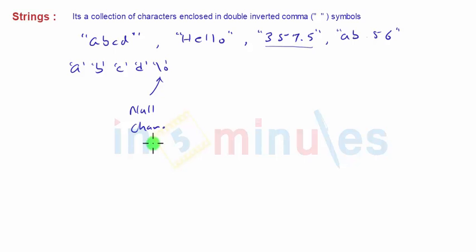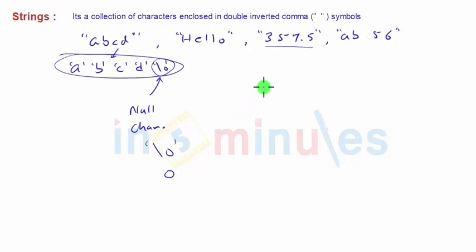It is the \0 character, like we have \n as a new line character or \t as a tab character. We have \0 as a null character, that is no data, no output, no character, but it has an ASCII code, that is 0. We have just now seen an example of how a string is stored in the computer. It is a collection of characters ending with a special symbol, a null character, that is \0.